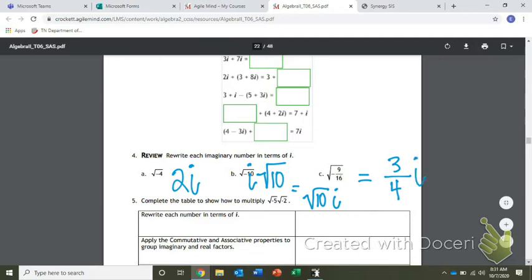Good job. Does that make sense? So all I did was take the square root of 9 and the square root of 16 because this square root is over the whole thing. Since it's negative, you just put the i out there like you do any other time. Okay?